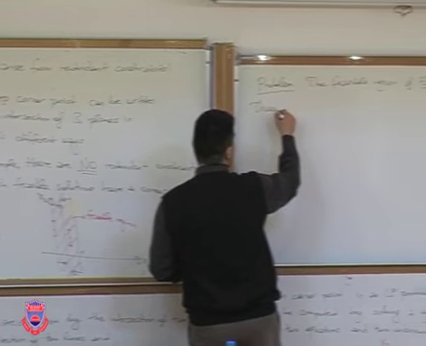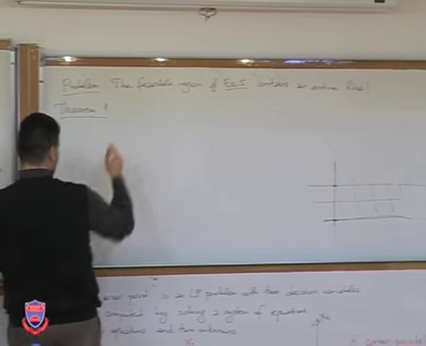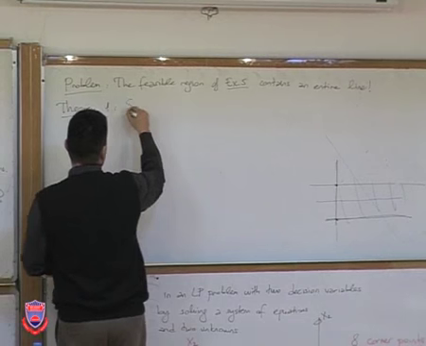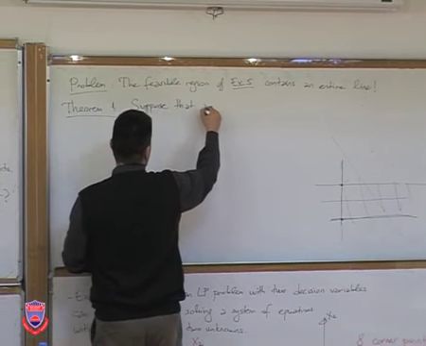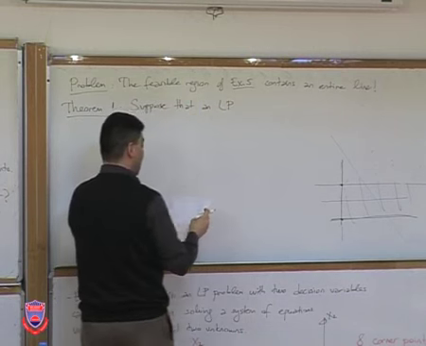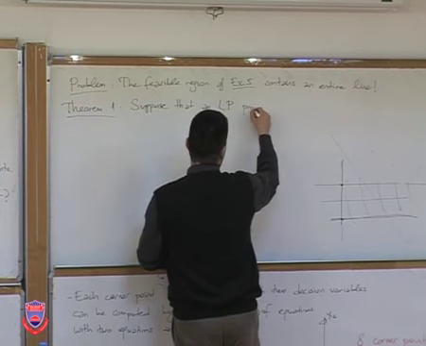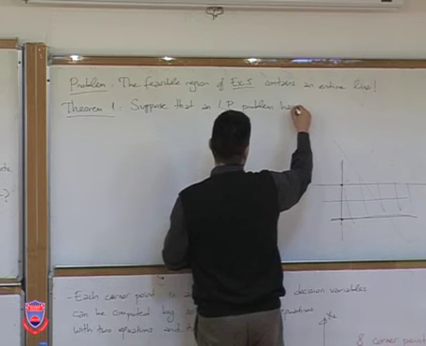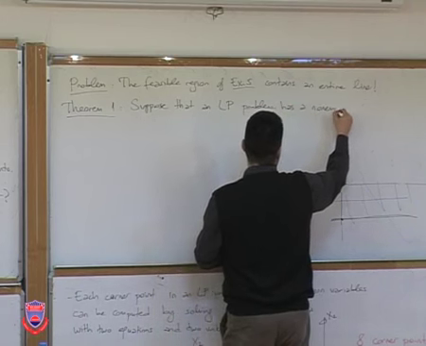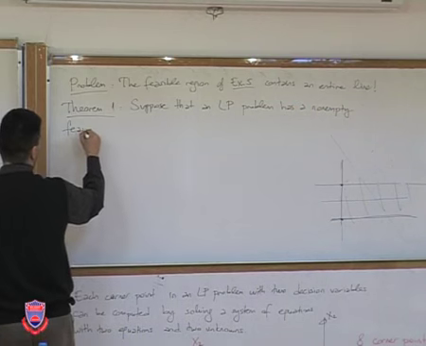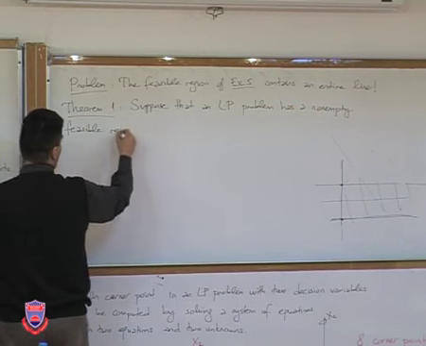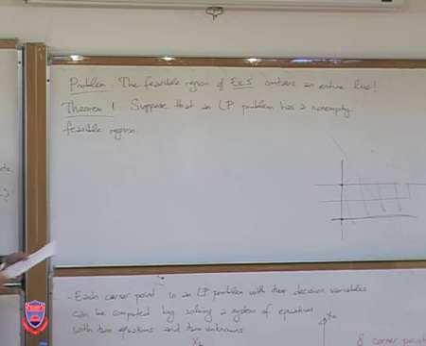And here is the statement of a main result. This is Theorem 1. Suppose that an LP problem has a non-empty feasible region, which means that there's at least one feasible solution.